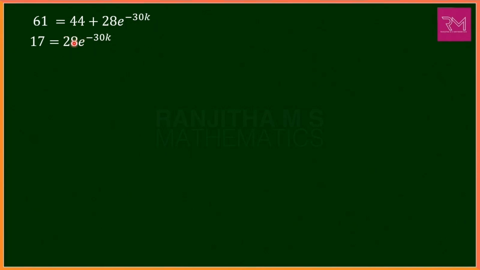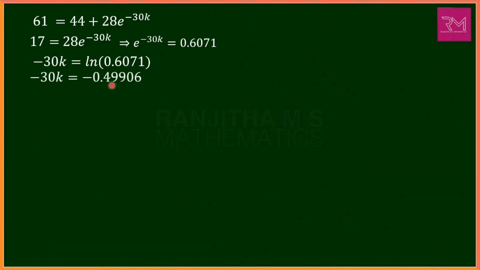Also take this 28 to the left hand side, that becomes 17 divided by 28. We get exponential power minus 30k as 0.6071. Next, taking log on both sides, we get minus 30k equal to ln of 0.6071. Using a calculator, ln of 0.6071 is minus 0.49906.